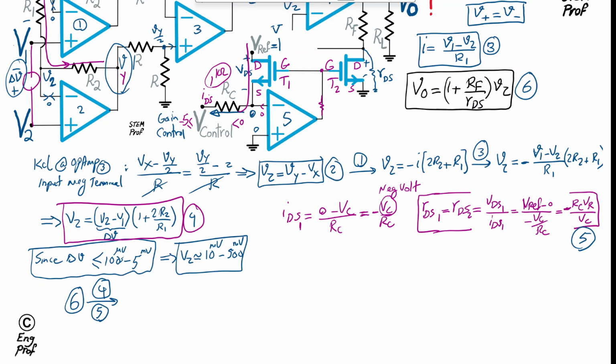So basically we can say Vout equals 1 plus RF. Now instead of RDS, I'm going to substitute from equation 5 that defines RDS1 and RDS2, so it will be minus RC VR over VC, times Vz.